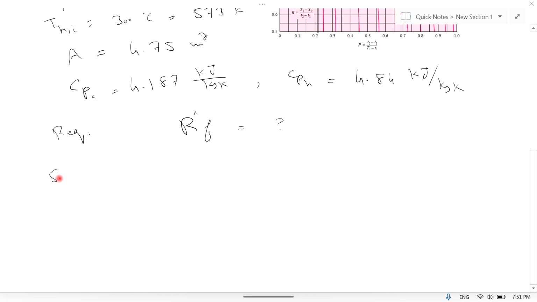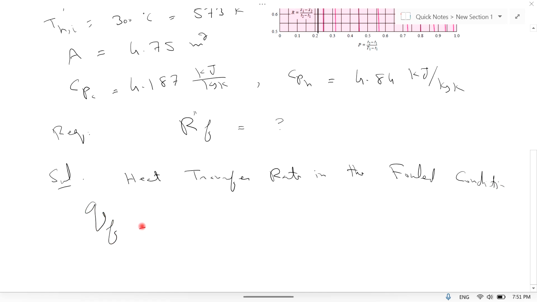Now first we find the heat transfer rate in the foul condition. So Q subscript F is for foul. It is m dot C, the specific heat capacity of cold water, times the temperature of cold water outlet minus the temperature of cold water inlet.